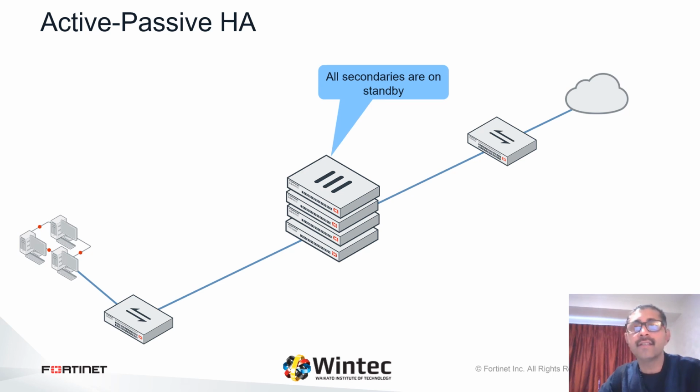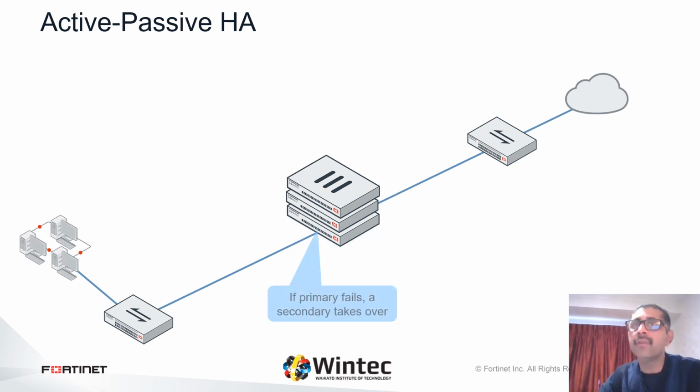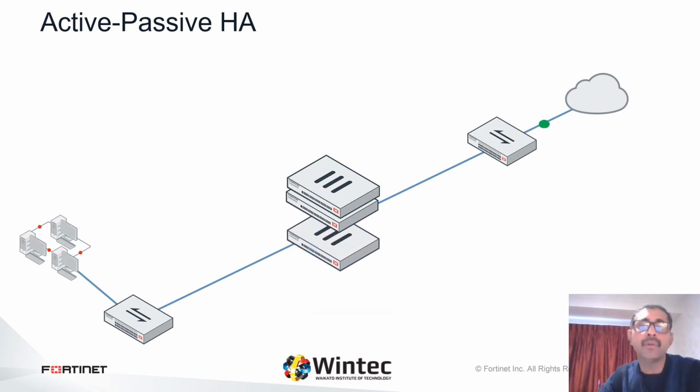Secondary FortiGate devices remain in a passive mode, monitoring the status of the primary device. If a problem is detected in the primary FortiGate, one of the secondary devices will take over the primary role. This event is called a high availability failover. I'll repeat that. It's called a high availability failover.